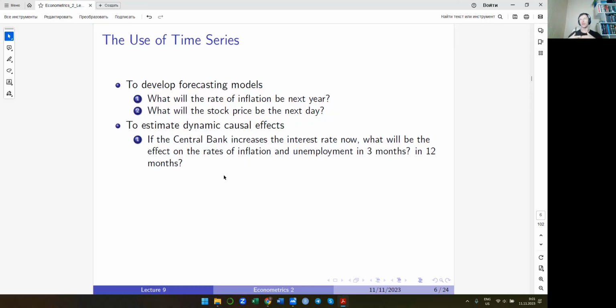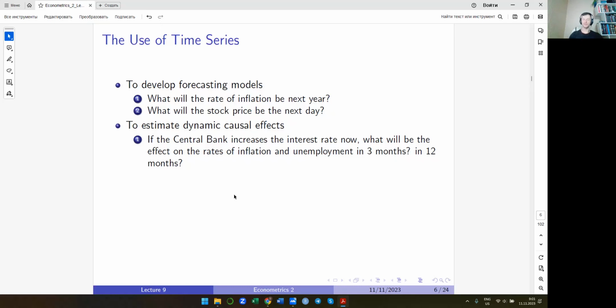So you see that we are not interested in the immediate effect, because usually there must be some channel how this interest rate spreads across the economy, and it takes some time to observe this effect.